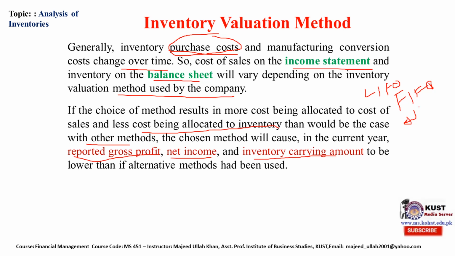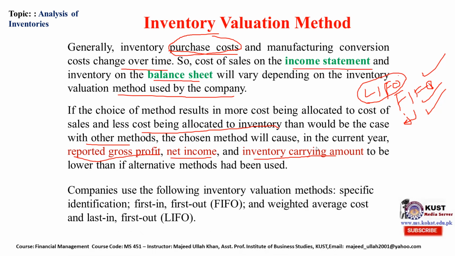Compared to the LIFO method, the result in the financial statements is that reported gross profit will be lower under FIFO, net income will be lower under FIFO, and inventory carrying amount will be lower under FIFO as compared to the second option of LIFO or weighted average cost.